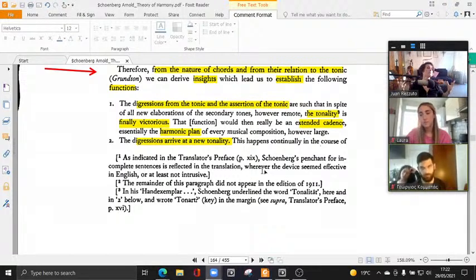It's not strong enough, it's not important enough. For example, you have the same motif that you express in your first key, and you express it in the new key.